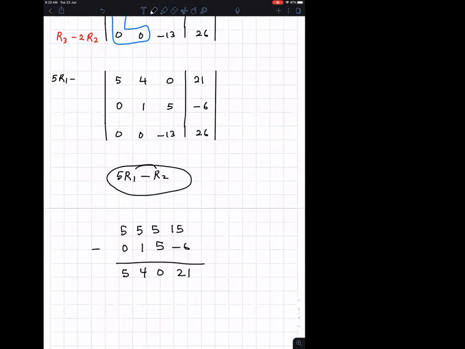The change is happening to which row? You must tell me. You have to indicate specifically. Okay, sir. Okay, very good.